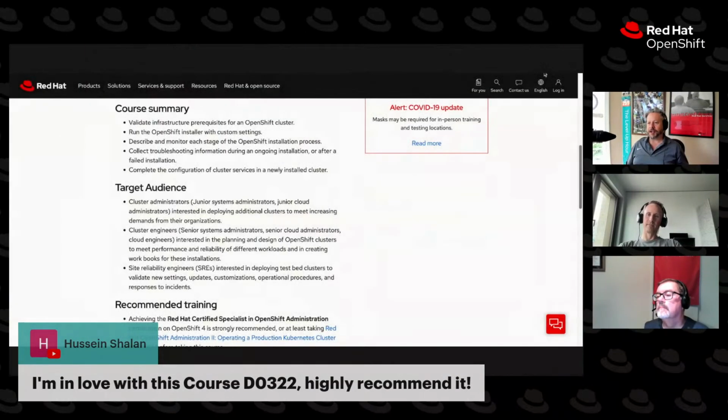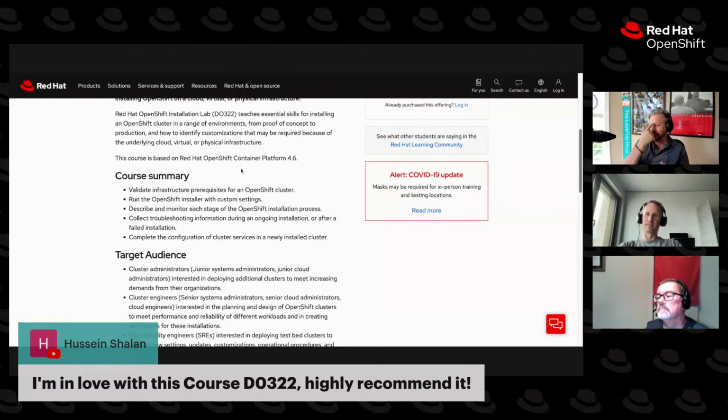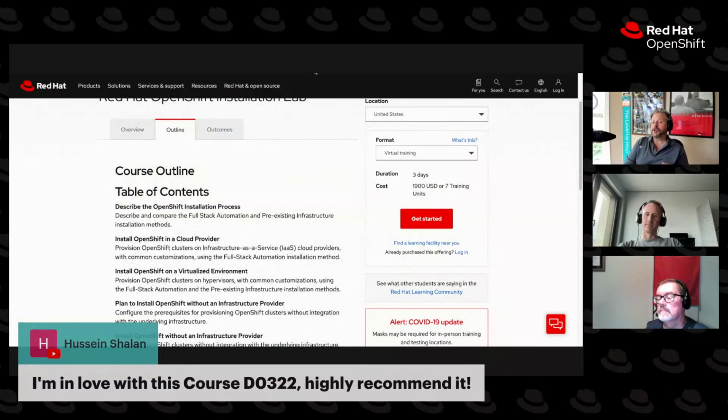Continuing with this 300 level of scale, automation, and specialization, we also have a course on managing virtual machines with Red Hat OpenShift virtualization. This is a bit of a shift in terms of our focus for virtualization. Nate, give us a little background on this one.